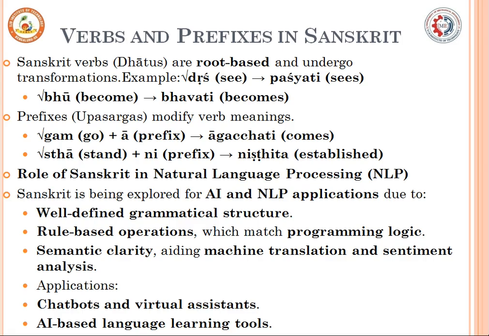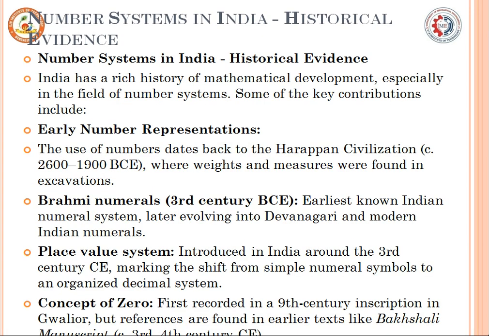Sanskrit is being explored for AI and NLP applications due to its well-defined grammatical structure, rule-based operations which match programming logic, and semantic clarity aiding machine translation and sentiment analysis. Applications are chatbots and virtual assistants, and AI-based language learning tools.